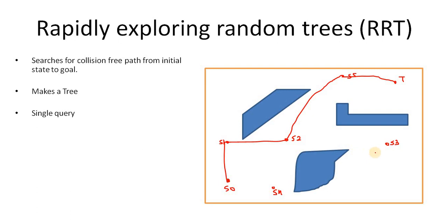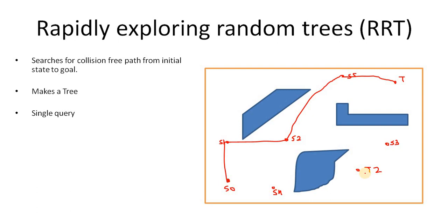So let's say next time I say that I actually want to go to target 2, T2 here. So now you have to again do sampling, all these sampling points, then you have to use the evaluation function, then you have to use the local planner, and then maybe you can reach your new target. So for each new target, you have to repeat the whole process again.